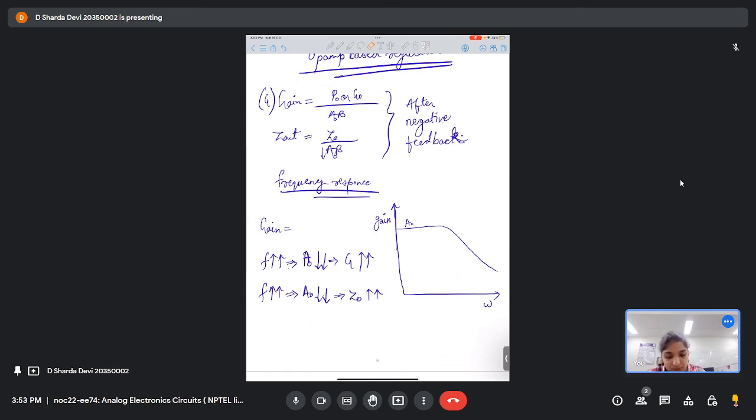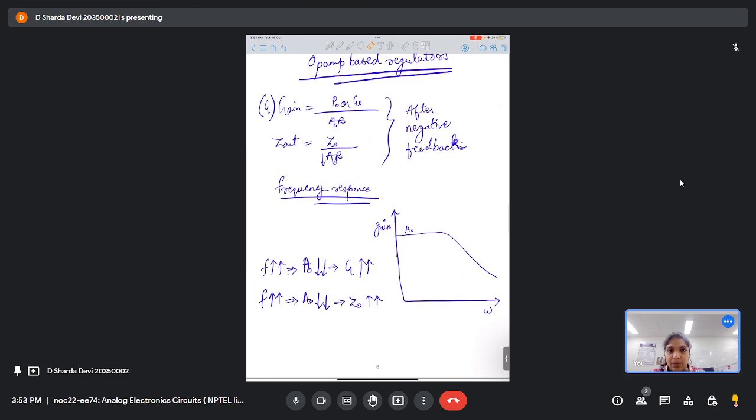So what I would like to say is that earlier we were thinking of a certain trend, but now the trend is not the same. With frequency, due to the gain in the denominator, the frequency response becomes opposite.